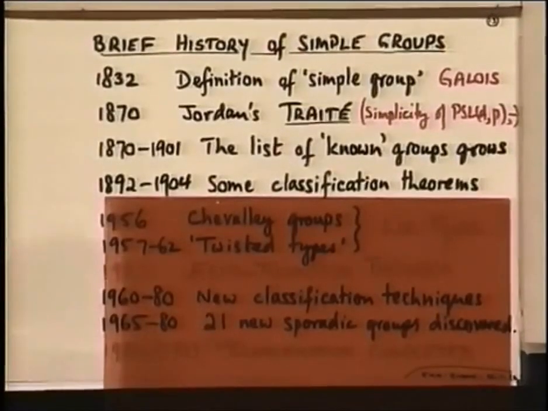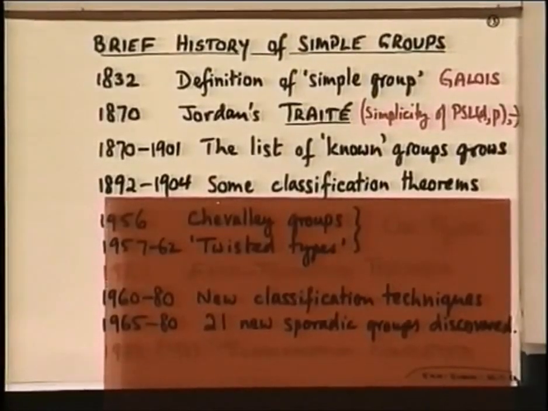From 1892 to 1904, mathematicians like Otto Hölder in Germany, Georg Frobenius in Germany, William Burnside, who was then professor at Royal Naval College in Greenwich, they were producing classification theorems. For example, Burnside proved in 1904 that a simple group must have either prime order or at least 3 different primes dividing its order.